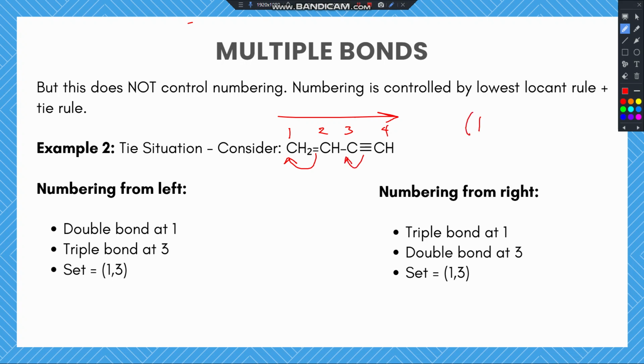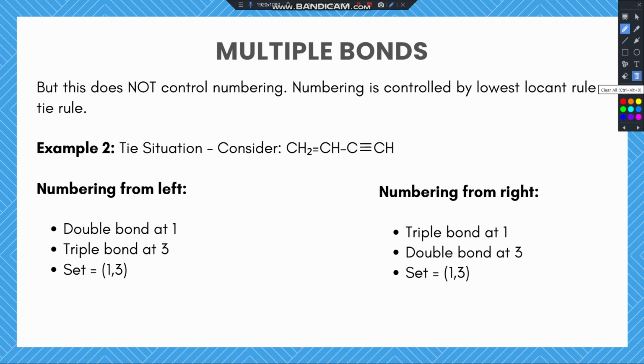That gives us a set of numbers 1, 3. If we number from the right to the left, we have 1, 2, 3, 4. The triple bond is located on carbon number 1 and the double bond is located on carbon number 3. Still the same 1, 3. So we have 1, 3 from left to right and 1, 3 from right to left.